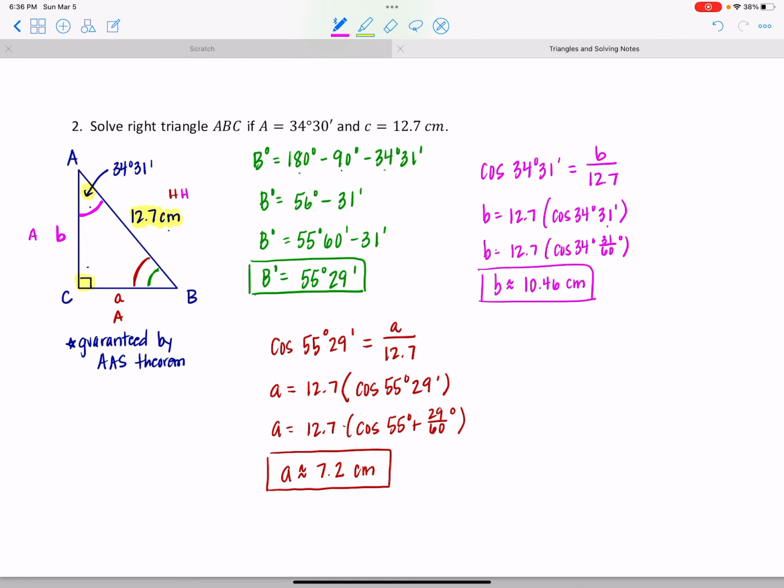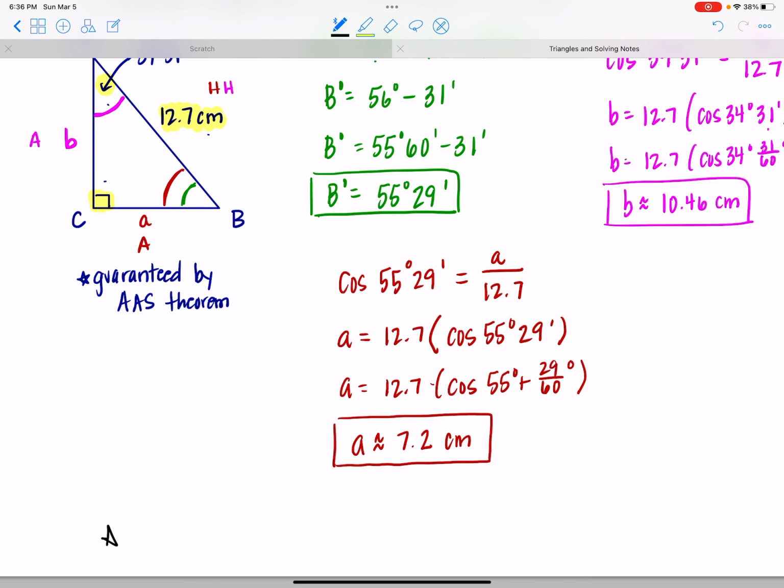Okay, so one last little note I want to make here, which is something I talked about, but I forgot to put it in a blank somewhere, right? We want to round as little as possible, so avoid using rounded values in continued calculations. Okay, so we want to use exact values as often as possible.